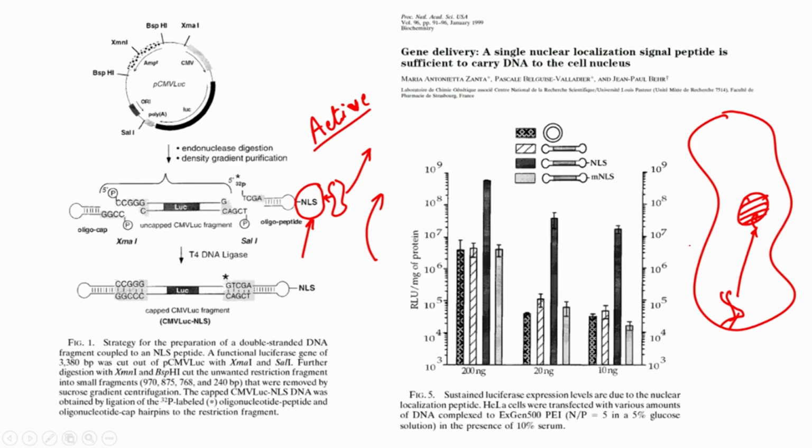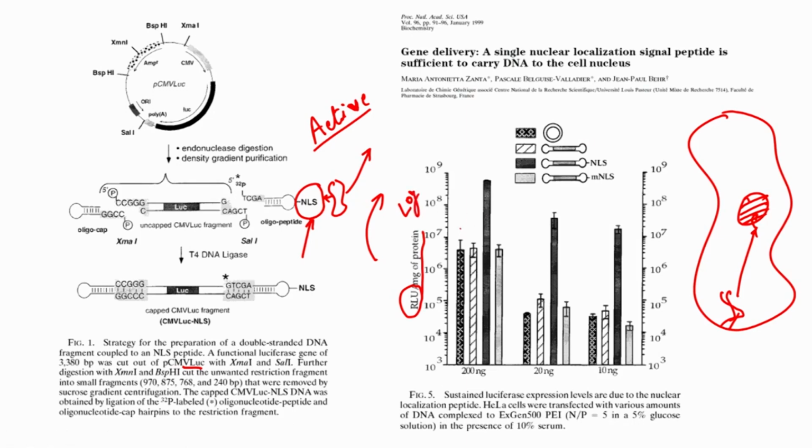If you have different conditions, and you only have the plasmid, you do not really see quite a lot of production of the proteins. In this case the protein that is being used is a luciferase gene, so it can be easily measured using light production, and again this is on a log scale.